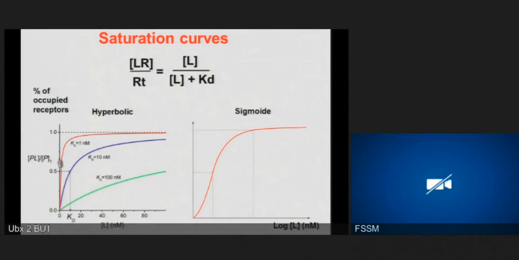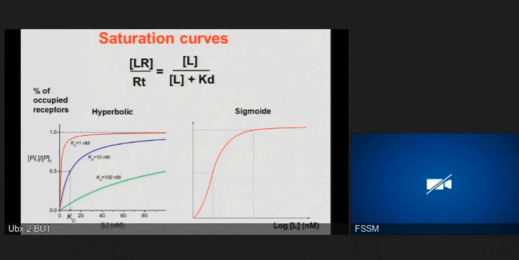You can approximate the 50% occupancy for the red and for the blue, but not for the green. Because for the green you need to use a very large scale of concentration for L. And this is not convenient for the representation.